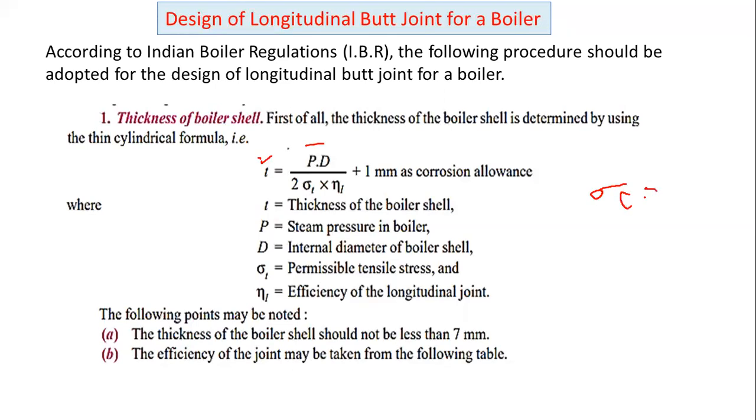Circumferential stress for thin cylinders, sigma c equal to pressure, inside pressure in the cylinder, times mean diameter of the cylinder or inside diameter of the cylinder, divided by 2 times thickness of the cylinder. This formula is used for circumferential stress or hoop stress for thin cylinders.